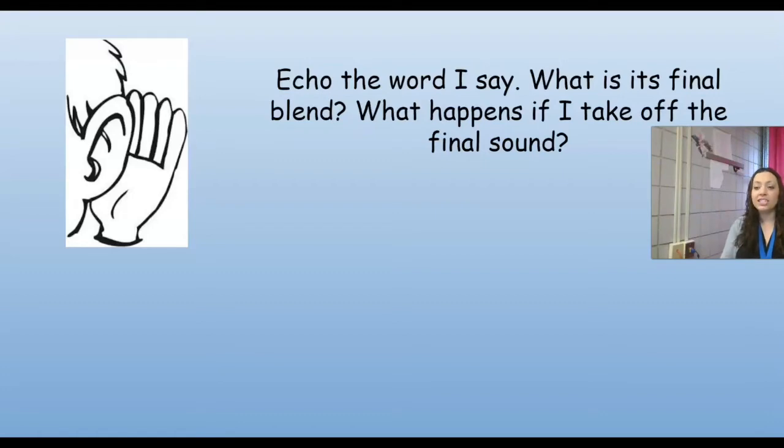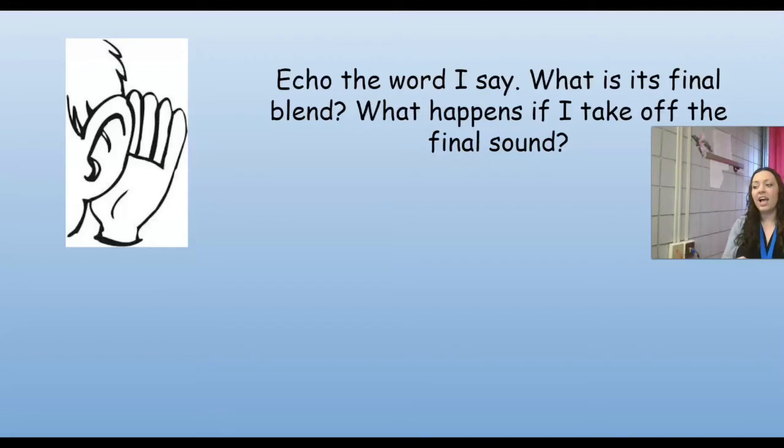How about trust? Trust. That's right. That word has that st blend at the end too. So trust, take off the st, and I'm left with true. Very good. All right. What about best? Best. Take off the st. I'm left with be.